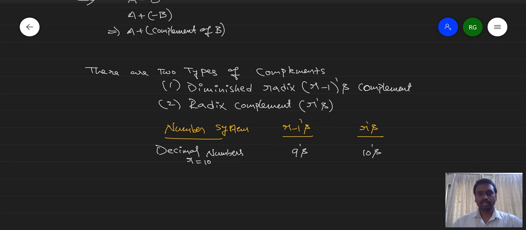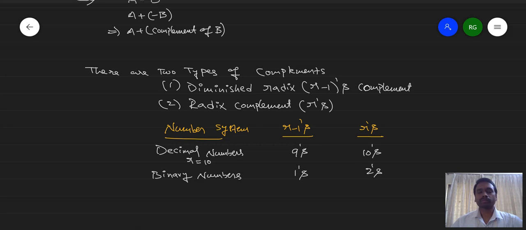In a similar manner, for binary numbers, the r minus 1's complement is nothing but 2 minus 1, because the base of the binary number system is 2. It is known as the 1's complement, and the r's complement is known as the 2's complement.